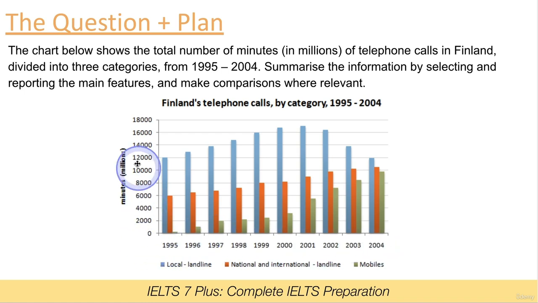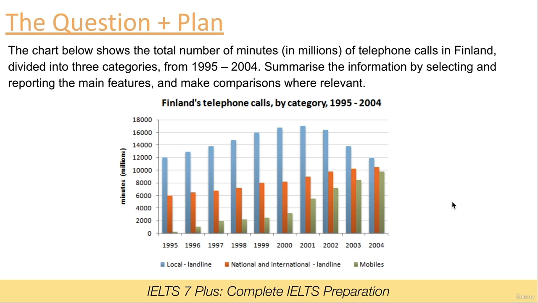We've got our y-axis with the minutes in millions, 2000 to 18,000, 1995 to 2004. Okay. Blue is local landline. Orange is national and international landline. And green is mobiles. Okay, so initial thoughts. Generally, the minutes that people are using, the telephone calls are increasing over time.